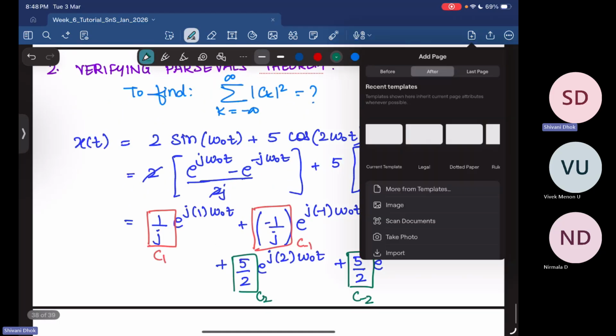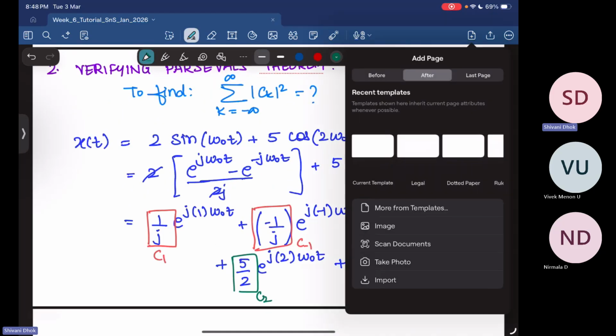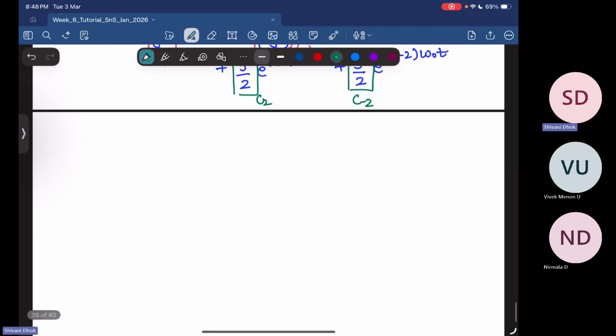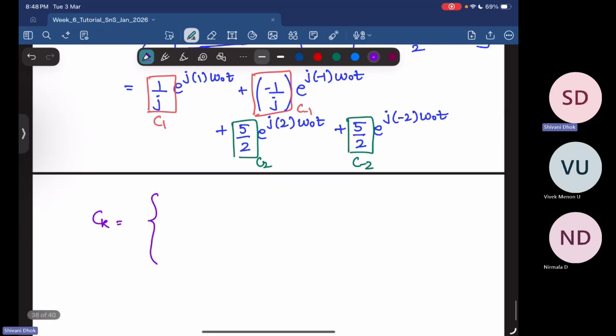So what do we have now? We have Ck as 1 by j when k equal to 1. It is minus 1 by j for k equal to minus 1. It is equal to 5 by 2 for k equal to 2.